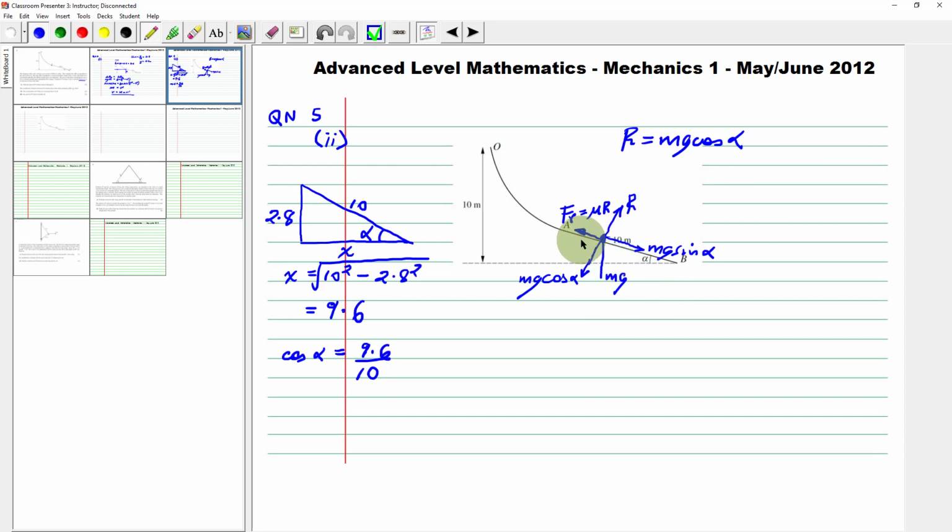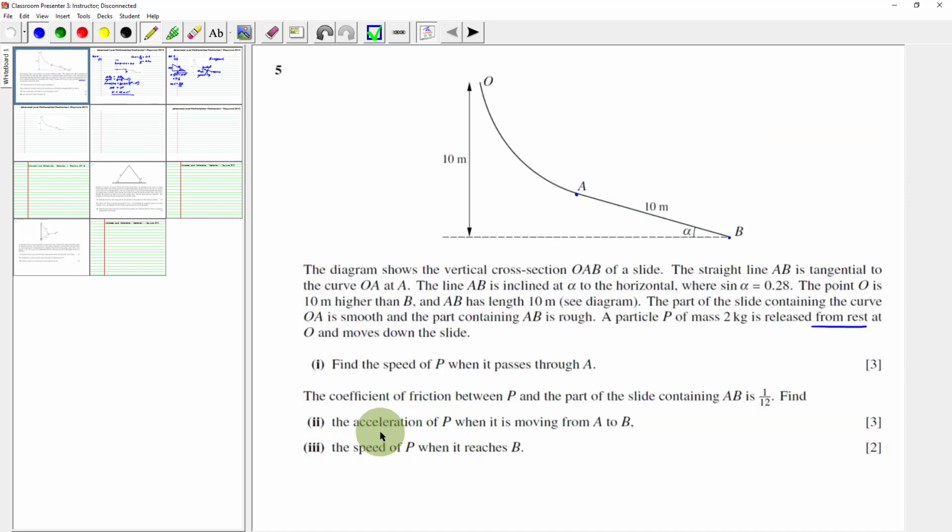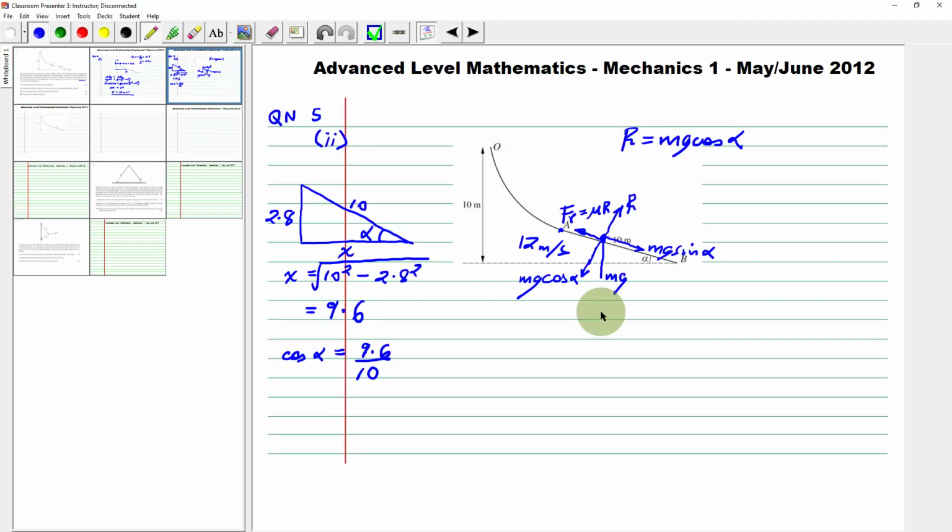Now let's see the speed that it has at this point. We have just worked out that it's going to be 12 meters per second. We want to find the acceleration of P when it is moving from A to B. So we are going to say that it's accelerating this way, double arrow A. So the resultant force on P is equal to ma.